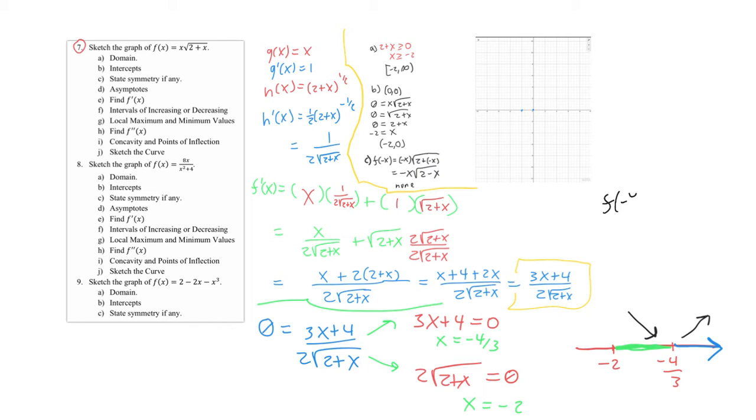F of -4/3 is -4/3 times 2 plus -4/3, that's really 2 minus 4/3.